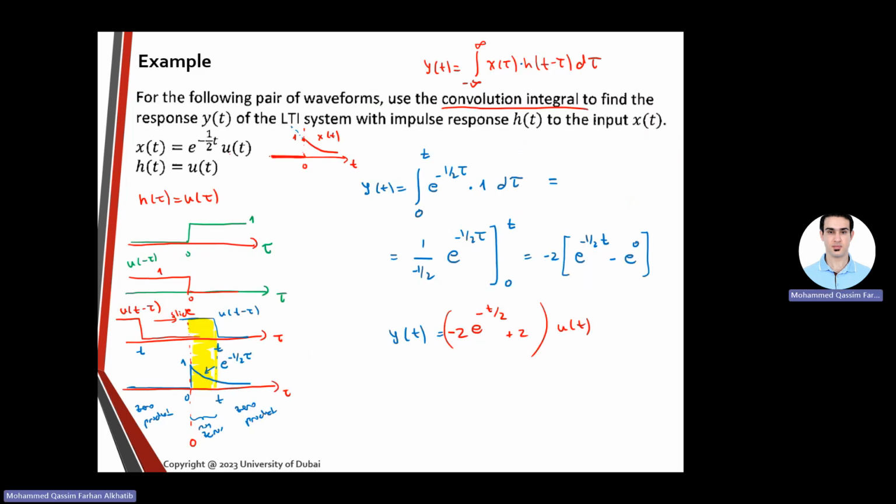All right, so we've done convolution graphically a lot of times. Now let's do it mathematically. For this following pair of waveforms, use the convolution integral to find the response y of t. In fact, if you think about doing it graphically, you can never do it, because these functions are not bounded. By bounded, I mean when I have a rectangle, there's a starting point and an ending point.